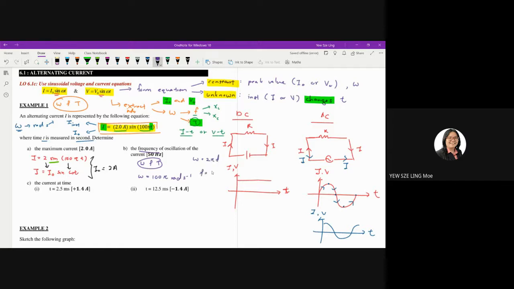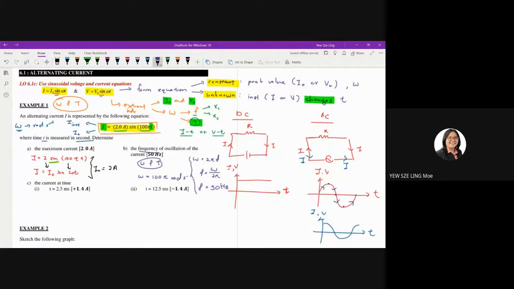So f is equal to, sorry, it should be omega over 2 pi. The frequency is then equal to 50 hertz, or 50 s negative 1 also can. It is up to you whether you want to use s negative 1 or hertz. Both are correct.